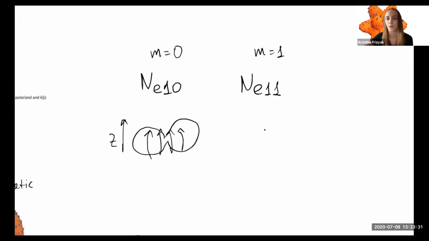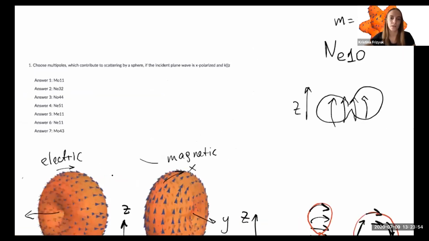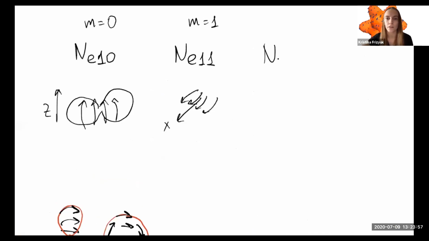This is the electric dipole which we have already seen along the x-axis. And it is like this. And this one is along the y-axis. Also some kind of electric dipole.